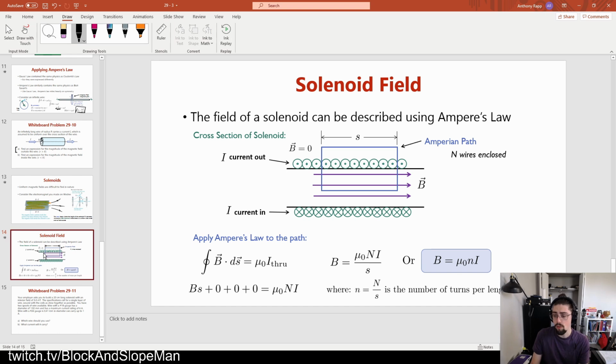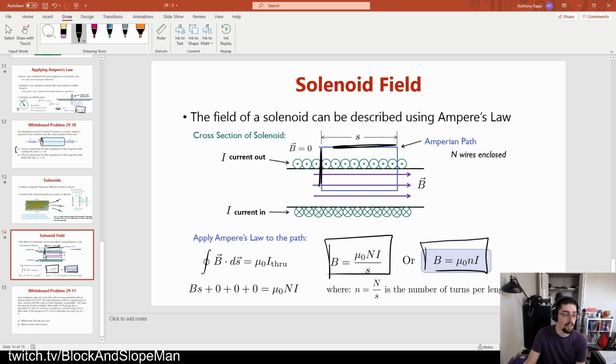And the way that we can do that, if we were to go through these derivations, what we would find is we have an expression that looks like this at the end of the day, but this one over here is actually pretty useful most of the time as well. They're both trying to say the same thing. If we were to take Ampere's law on a piece of this solenoid, and we were to look at the magnetic field, if there's no magnetic field along the top path, there is a magnetic field along the side paths, but the dot product means those are zero.